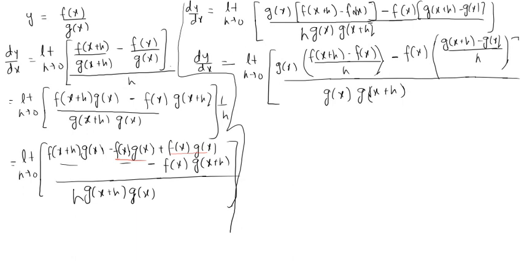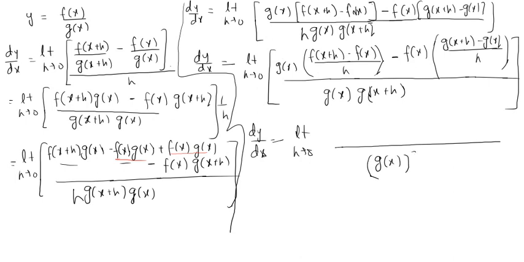Now this expression in the first parenthesis is equal to f dash of x, or df(x) by dx, and this expression is equal to dg by dx. So dy by dx will be equal to limit h tending towards 0. Now if you put h equal to 0 here, it will become g(x) whole square.